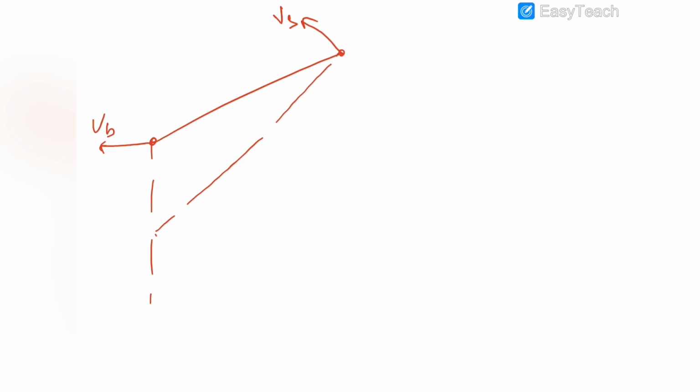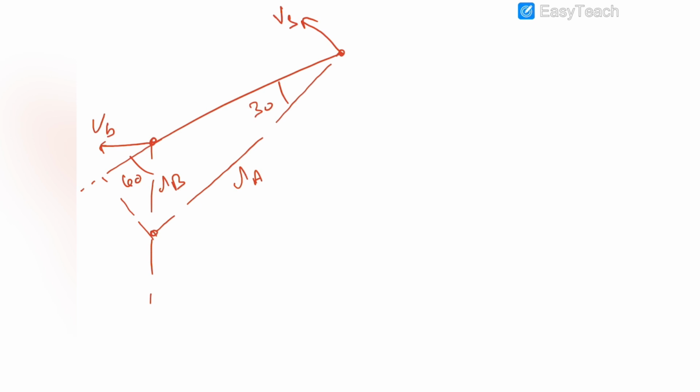You can imagine that if you draw a perpendicular, I'll draw a new diagram for you. You can see that this is A, this is Vs, and this is VB. So if you draw these two perpendiculars and if you draw this line, then this is RA and this is RB. This angle is 30, this angle is 60.